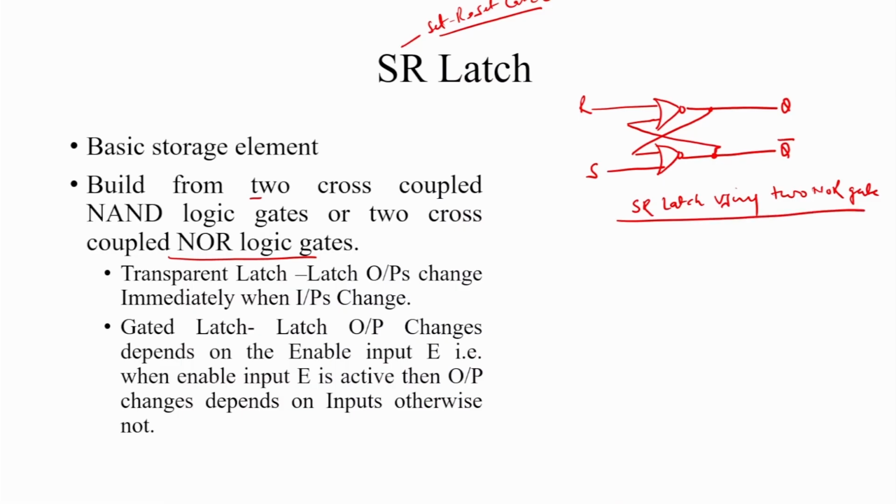Another way of designing a latch is to use two cross coupled NAND gates. Cross coupled means the output of the first gate, that is Q, and the output of the second, Q complement, are fed back. The inputs are provided as R and S, and the second input of each gate is connected to form a feedback path from the output of the other NAND gate.